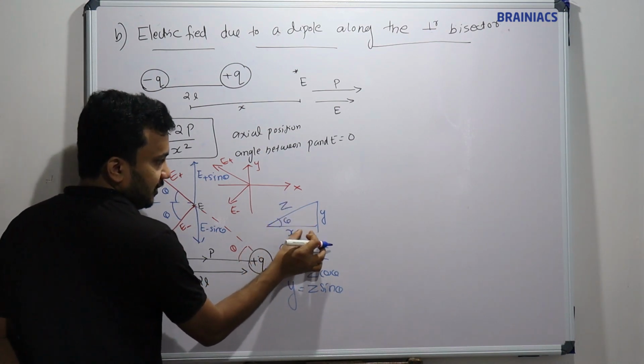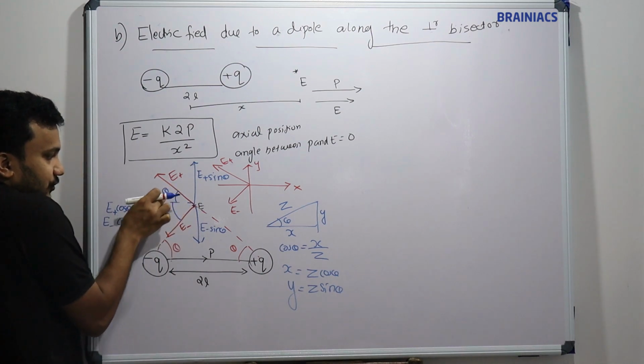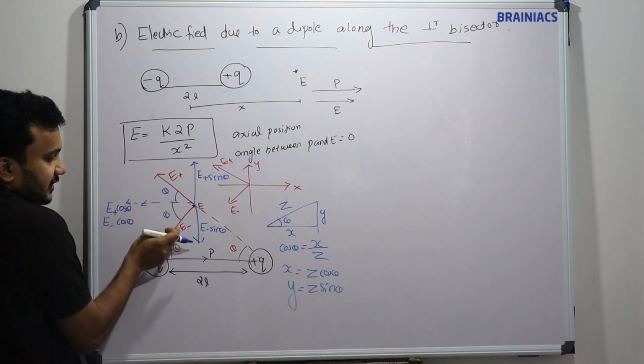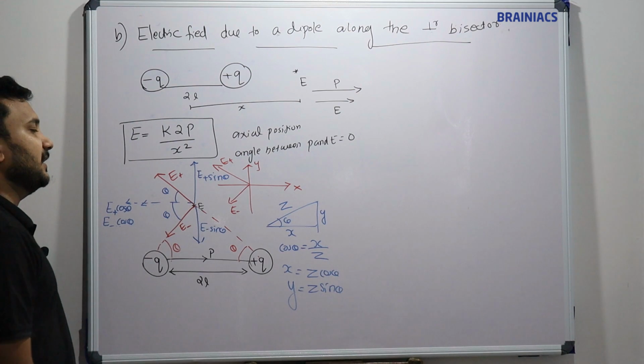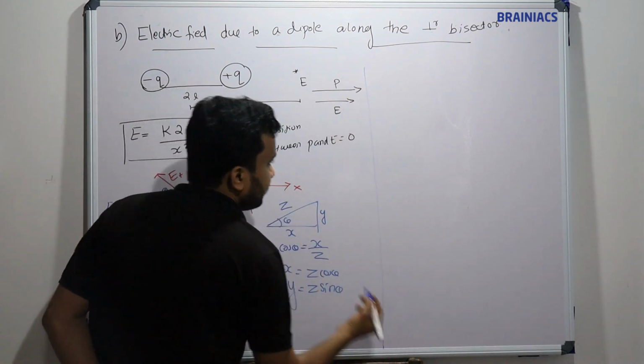So this is the cos theta side, this is the sin theta side. Similarly, this is the cos theta side for E plus and this is the cos theta side for E minus. Similarly, E plus sin theta and E minus sin theta. Okay, hope this diagram is clear for you.